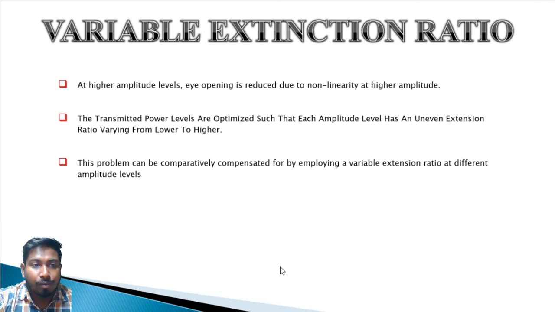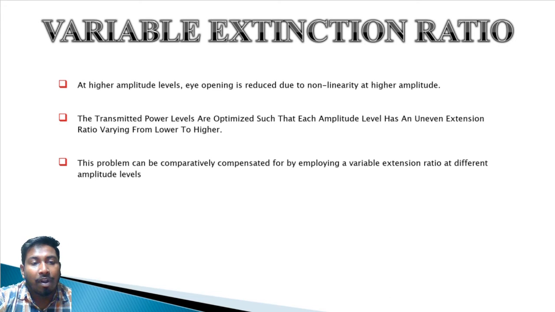Variable extinction ratio. At the higher amplitude level, the eye opening is reduced due to the nonlinearity in the higher amplitude because of the high power supply. Variable extinction ratio is the ratio of two or more different optical power levels of a digital signal generated by an optical source.